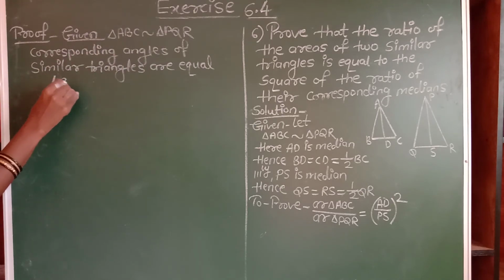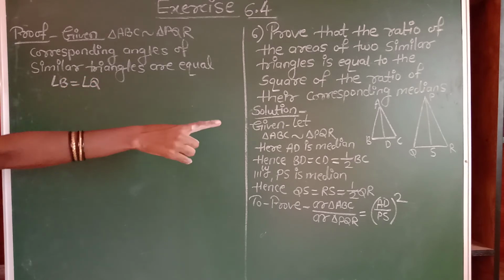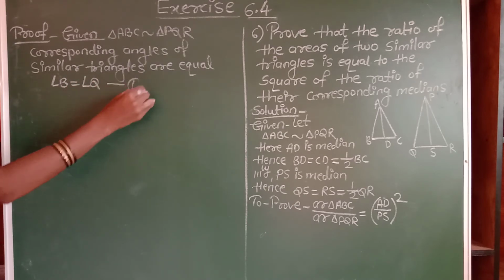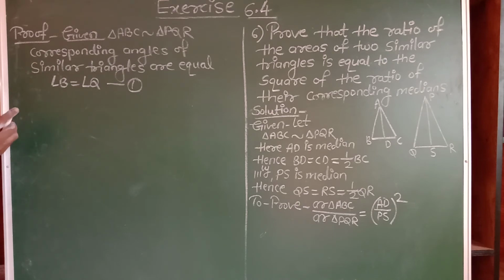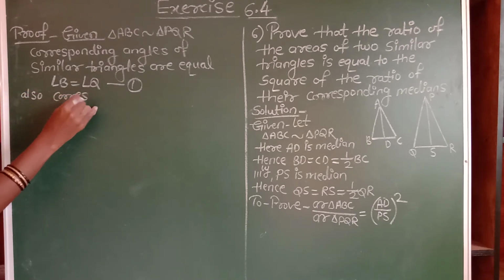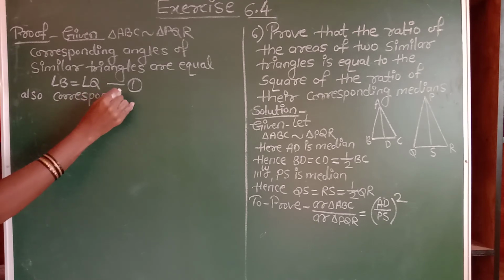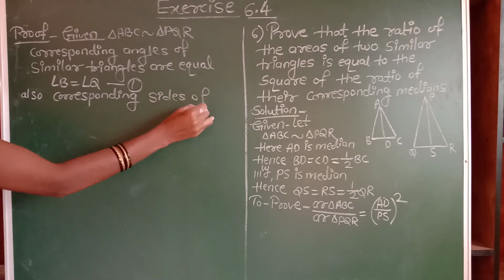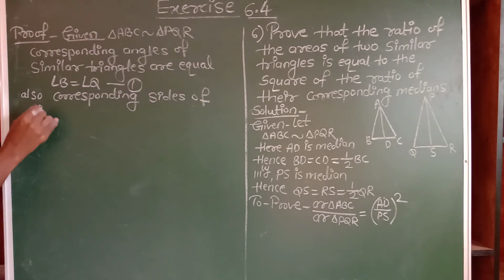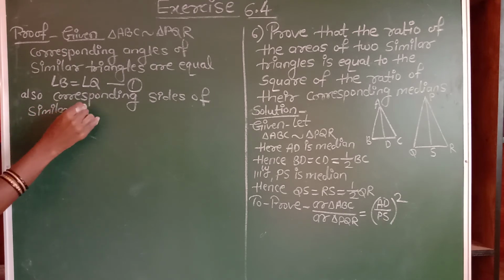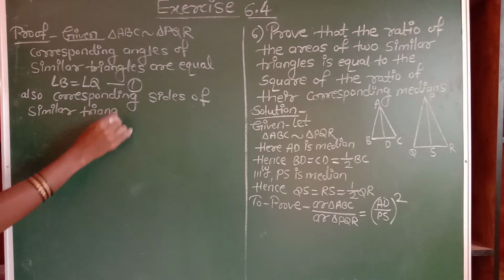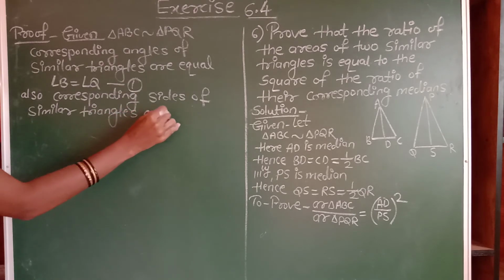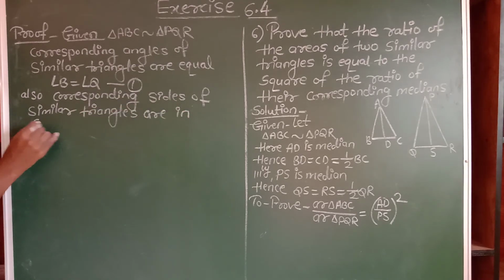We know that, so we can write here angle B is equal to angle Q. This is 1. Also, corresponding sides of similar triangles are in the same proportion.